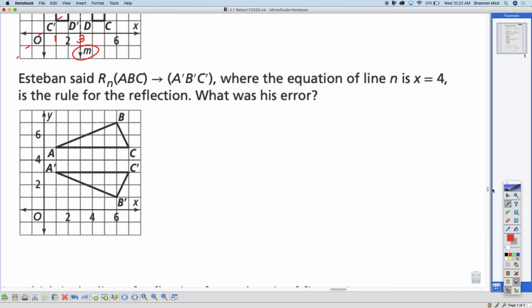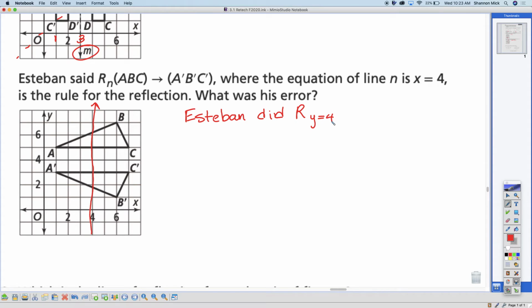Well, x equals 4, the example was showing what it started out as. X equals 4 would be where? Right here. Oh, he didn't do x equals 4, he did what? Y equals 4. Okay, so Esteban did R of y equals 4, didn't he?